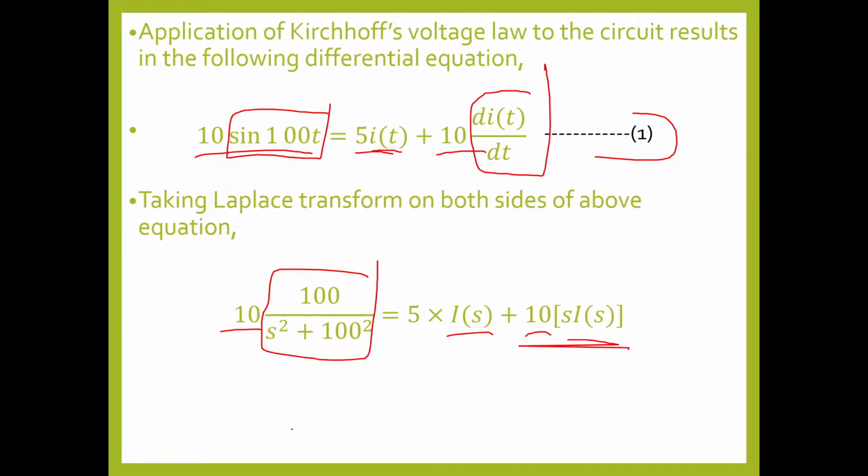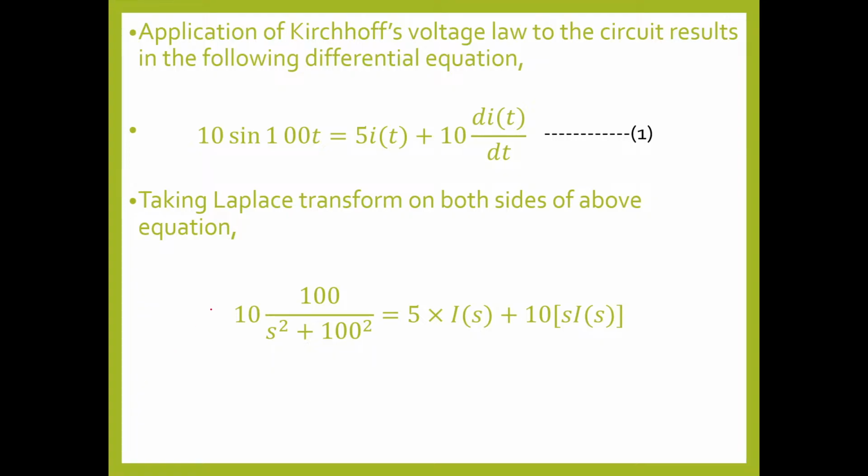Same thing which I have discussed earlier in the theory, in a similar pattern for this numerical problem also I have applied KVL and written the equation. Now let us determine I of s.